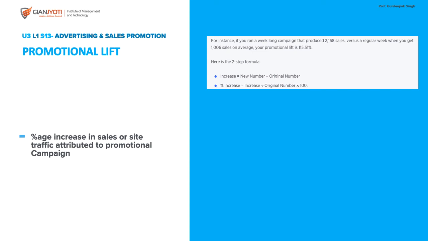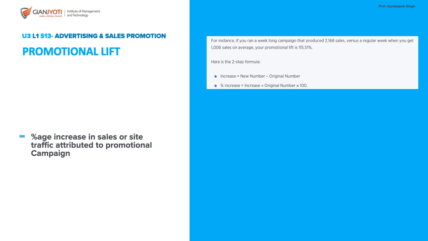lift. For example, if you are running a week-long campaign which has produced $2,168 as your sales, after you had been running your promotional campaign, whereas before the promotion, your sales was 1006.